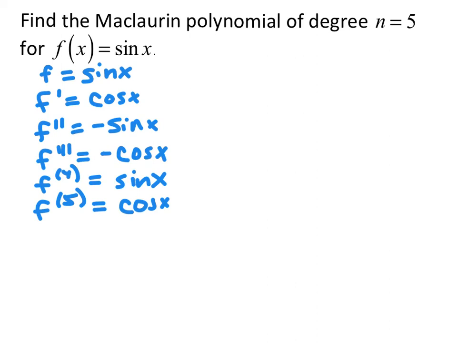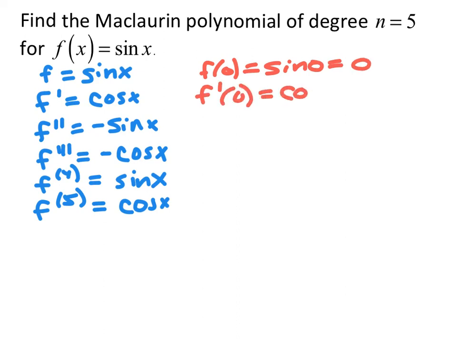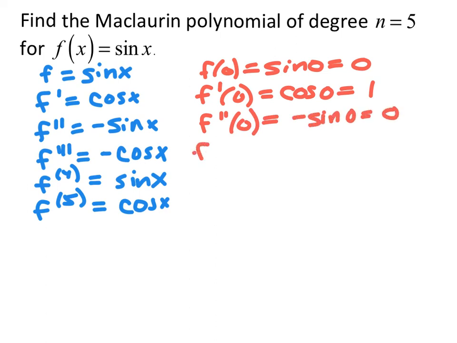So if I go back and plug in 0, I have f of 0 is sine of 0, which is 0. F prime of 0 is cosine of 0, which is 1. F double prime of 0 is negative sine of 0, which is, again, 0. F triple prime of 0 is negative cosine of 0, which would be negative 1.